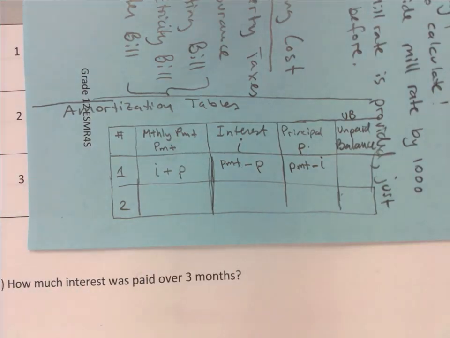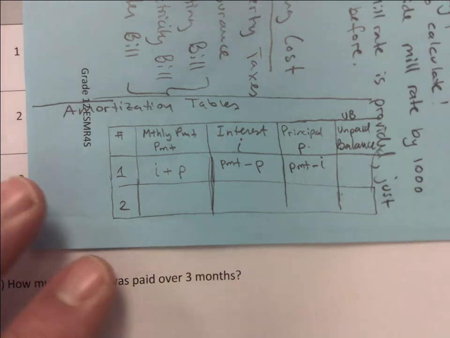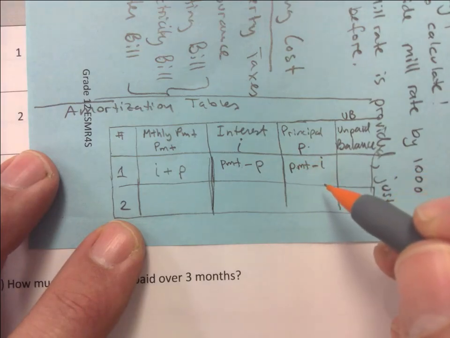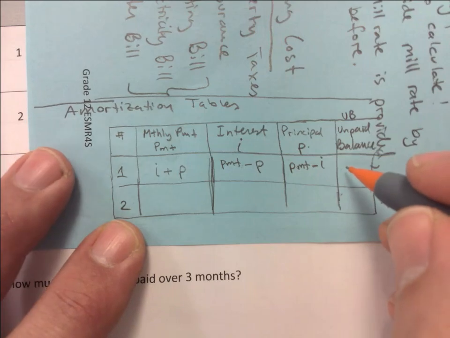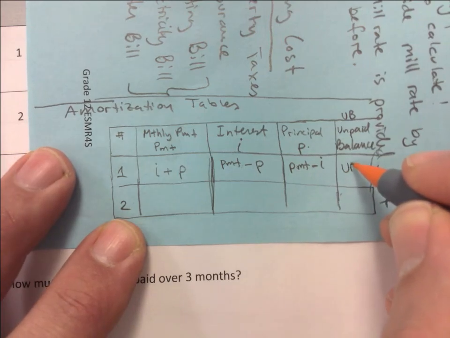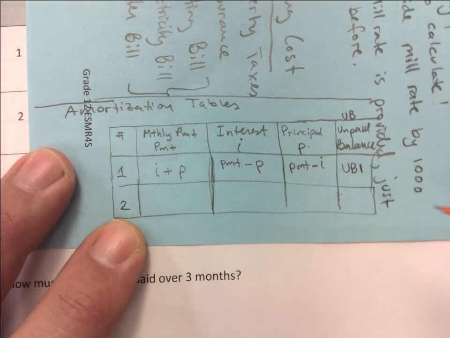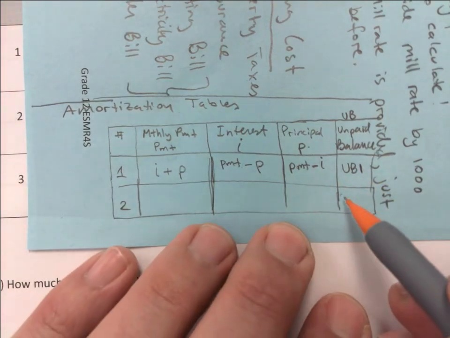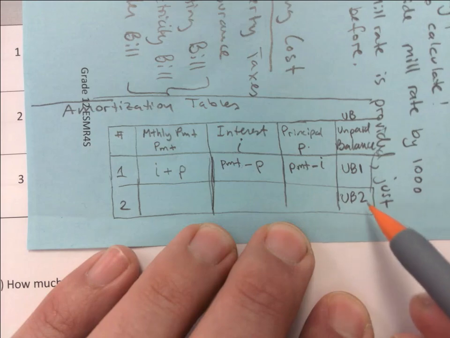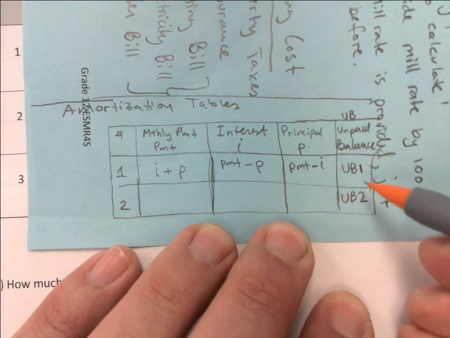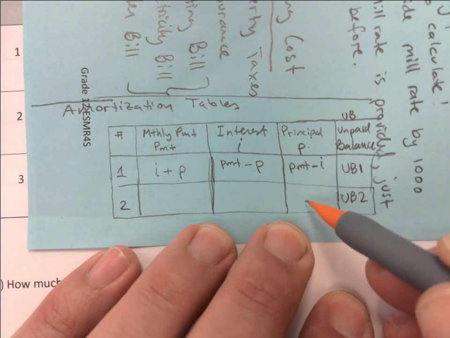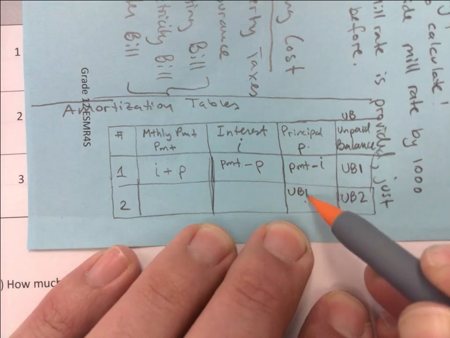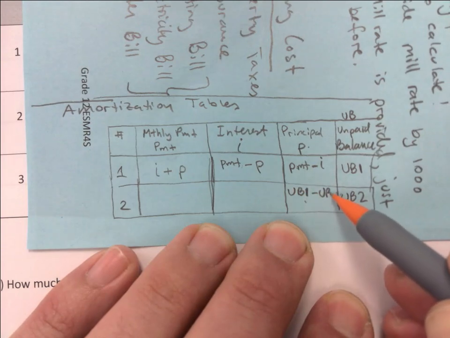But this one is tricky. This one sometimes has a different scenario. Let's call this unpaid balance 1, and this unpaid balance 2. Sometimes to find this one right here, you go unpaid balance 1 minus unpaid balance 2.